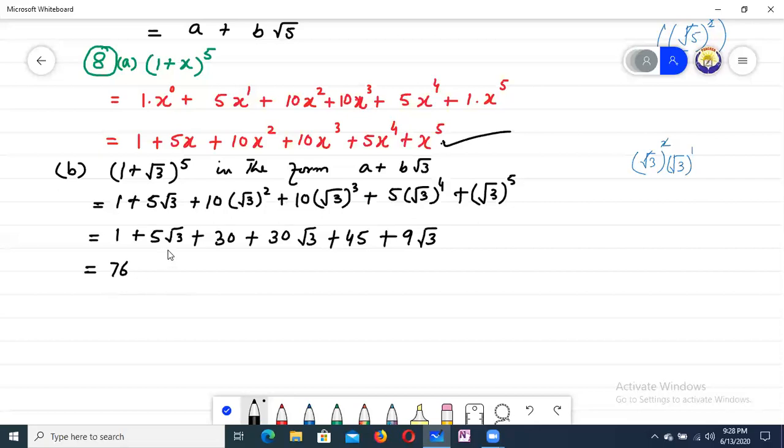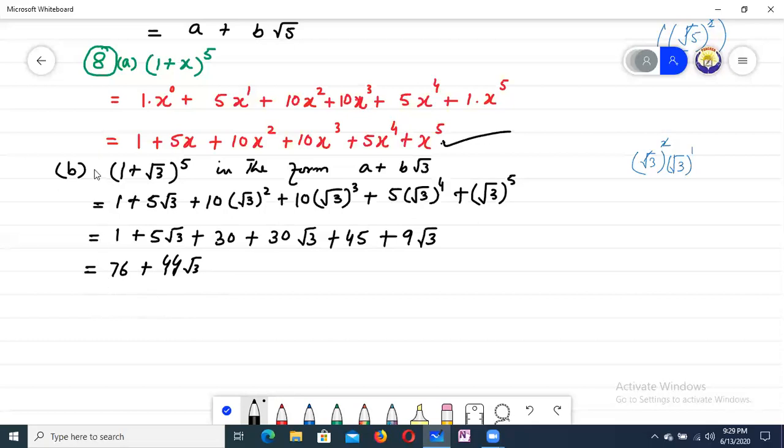Then 5 square root 3 plus 30 square root 3 plus 9 square root 3 will be 44 square root 3. So 76 plus 44 square root of 3. This is the form a plus b square root of 3.